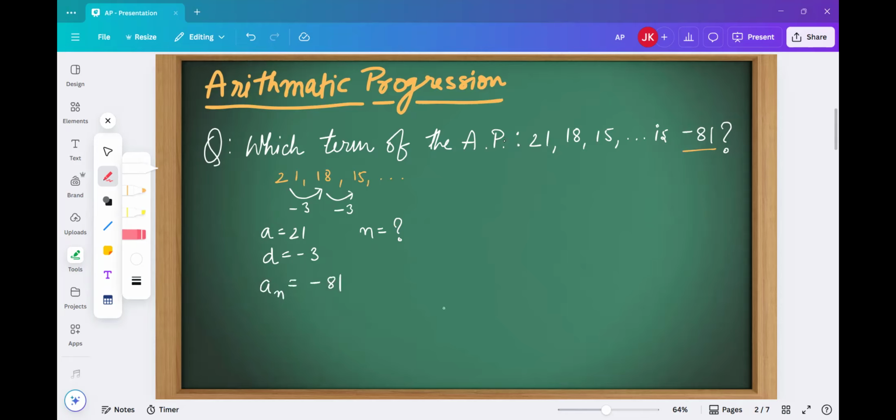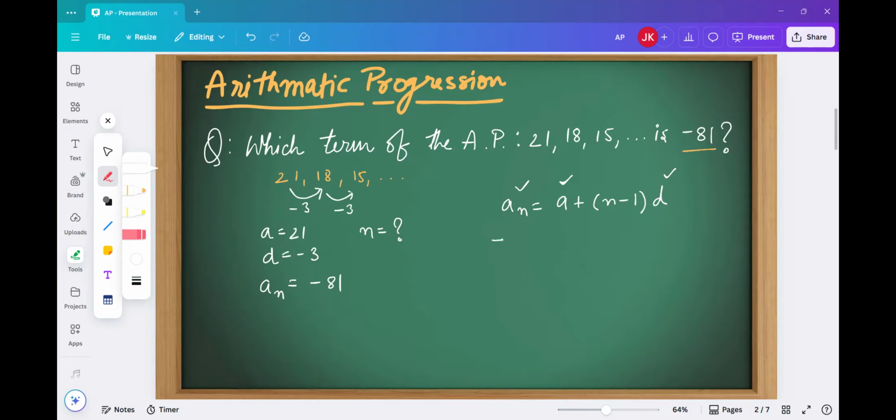And I just calculated the formula for AN, which is AN equals A plus N minus 1 into D. Here I've got AN, I've got A, I've got D. Voila. I only need to find one variable, and this is possible. If I have all the three variables, I can easily find N. So let me put all the values and see what I am getting.